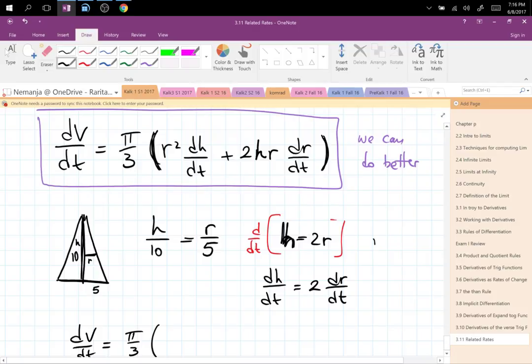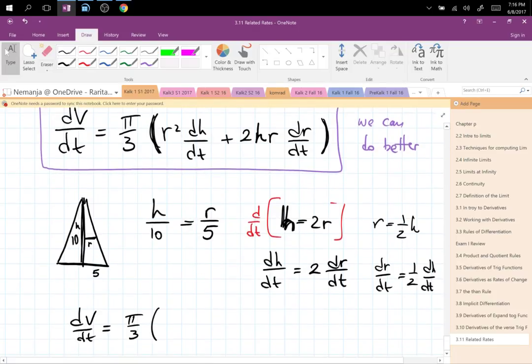So we're going to solve this for r, which is 1/2 h, and we're going to solve this for dr dt, which is again 1/2 dh dt. So now we plug everything in. r squared, that's going to be 1/4 h squared. Leave dh dt alone. Plus 2 times h, leave that alone. r needs to be 1/2 h. And dr dt is given as 1/2 dh dt.